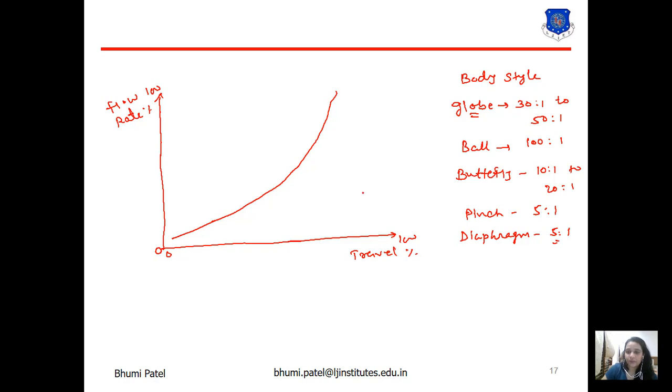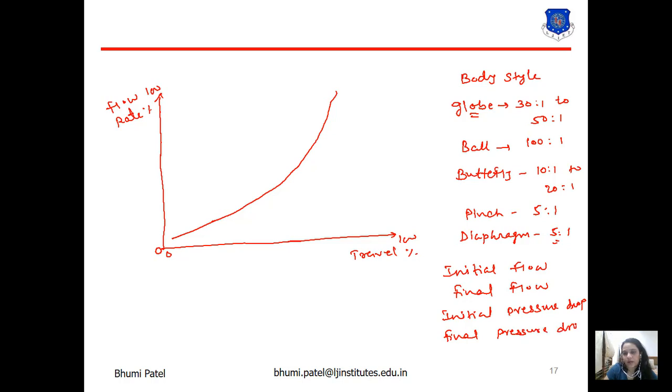So depending upon the initial flow, final flow, initial pressure drop across the valve and the final pressure drop across the valve, the rangeability changes. For these types of valve, the values of the initial flow, final flow, initial pressure drop and final pressure drop are different because the construction and working of every valve is different.